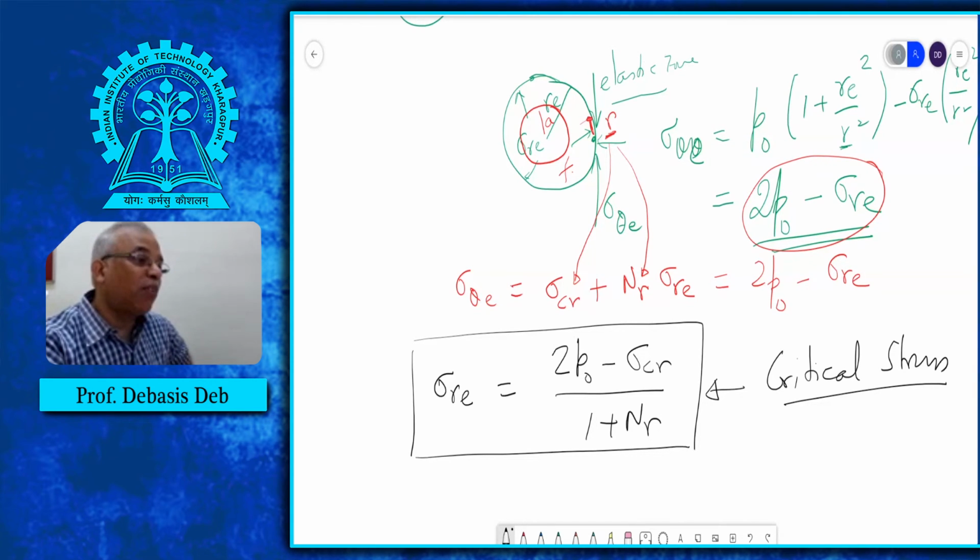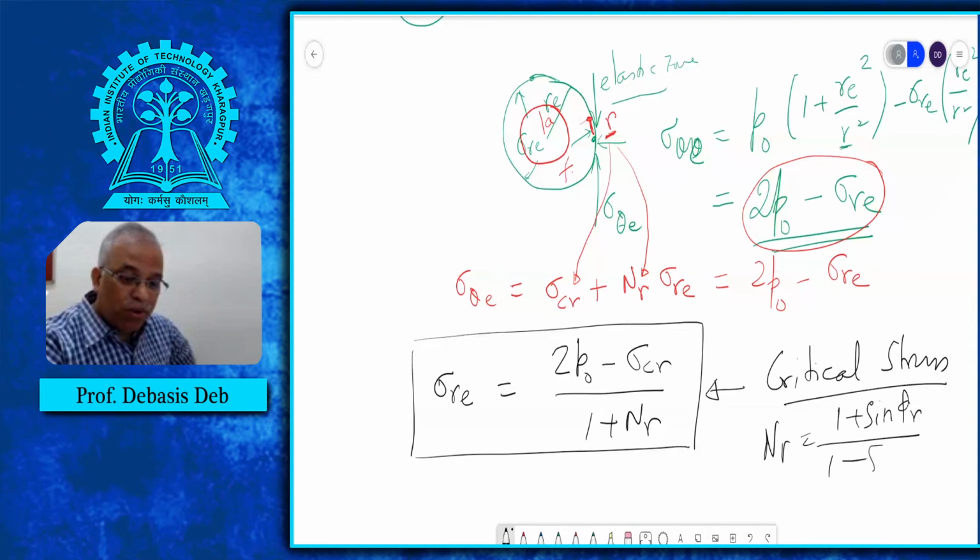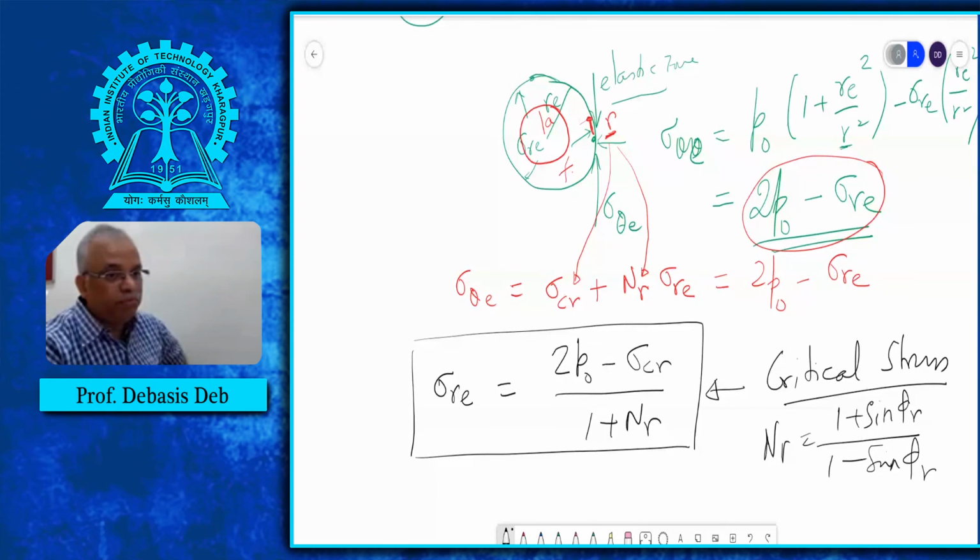Uniaxial compressive strength of rock. NR is 1 plus sine phi r by 1 minus sine phi r. And this r means of the rock, what we test in the laboratory.